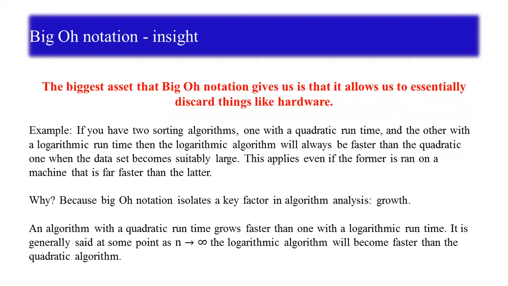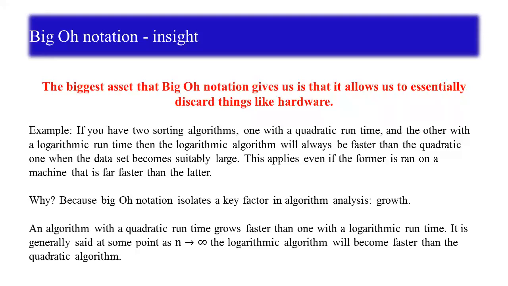Now let us have an example. Suppose you have two sorting algorithms, where sorting is arranging in increasing or decreasing order, one with a quadratic runtime and another with a logarithmic runtime. We know that the logarithmic complexity class is smaller than the quadratic one, so the logarithmic algorithm will always be faster.